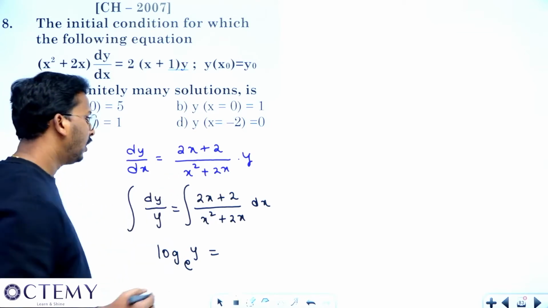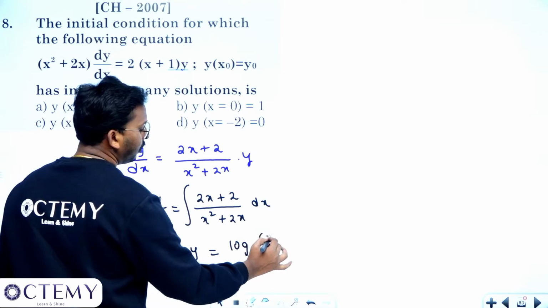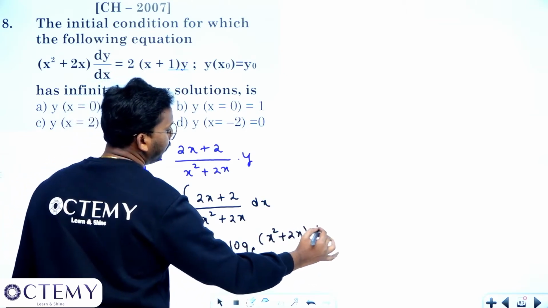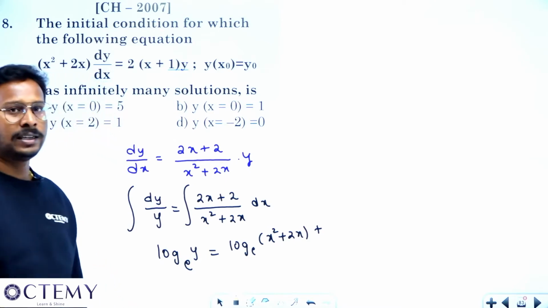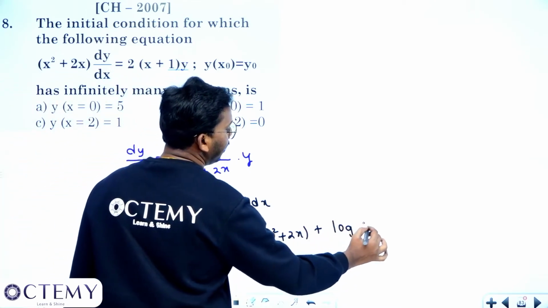So I can write log base e of (x² + 2x) plus, can I write the constant as log c base e?